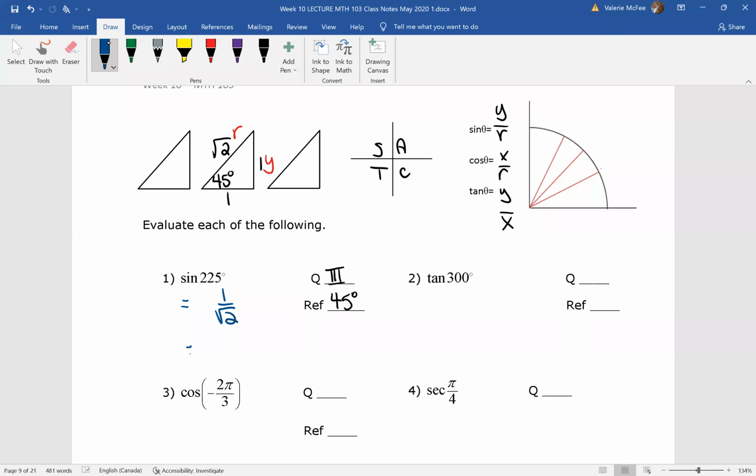But of course, I need to rationalize that denominator, and I need to check quadrant 3. In quadrant 3, x and y, sine and cosine, are both negative. Make sure you put the negative signs in. The quadrant's important because it reminds you to check your sign.